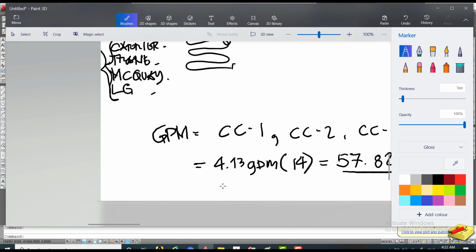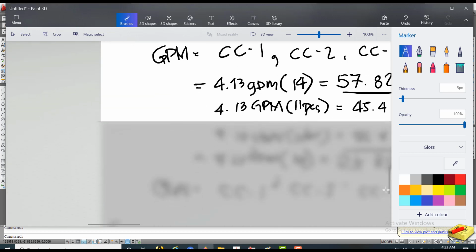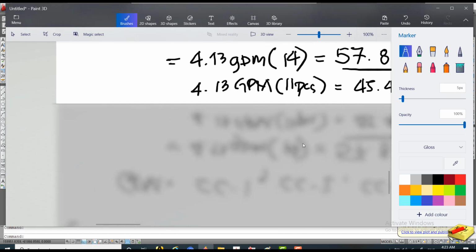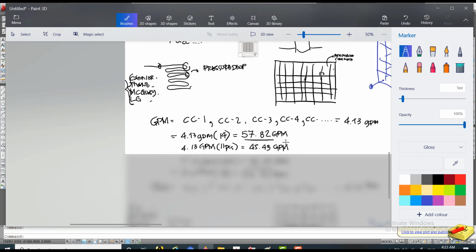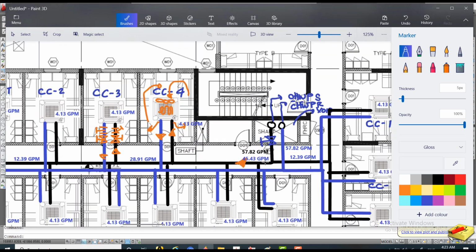Kung bakit, how do we arrive yung value na yan? So that is 4.13 GPM, multiplied by 11 pieces. So that will be 45.43 GPM. Okay. So yan yung value na i-apply nito.